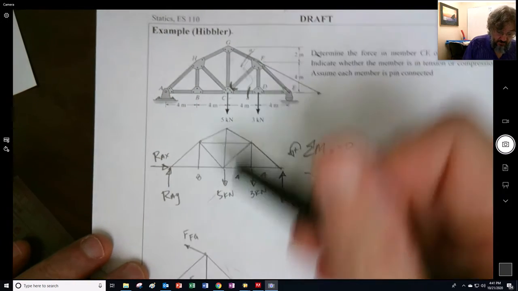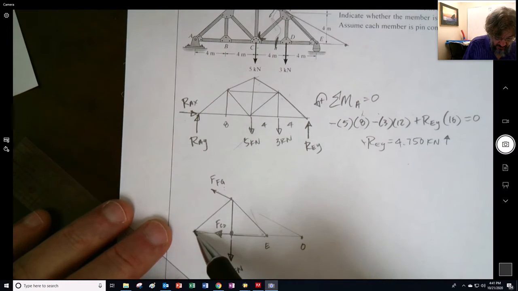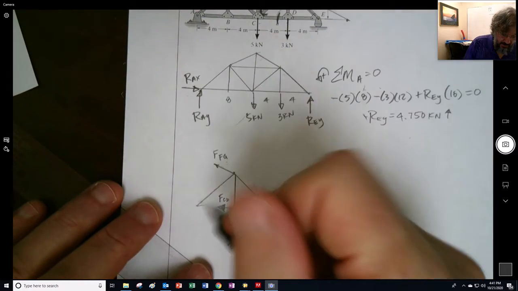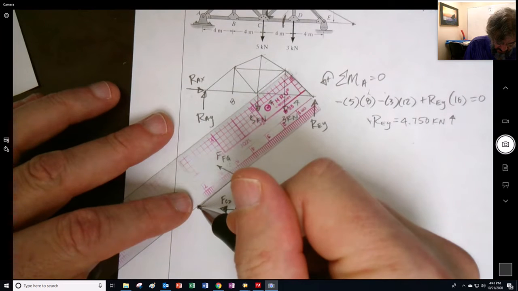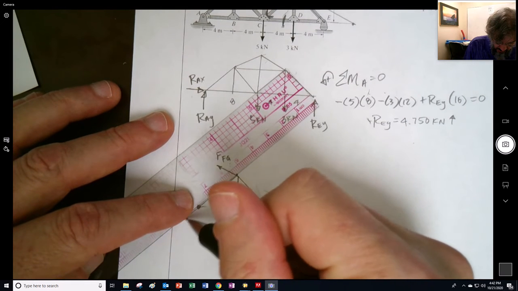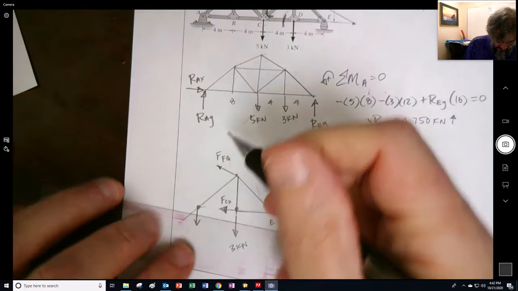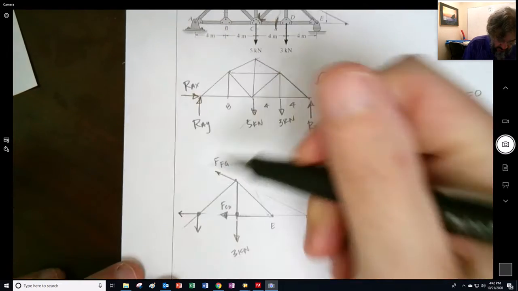So we've cut that one, so we've exposed this force right here. This force right in here, right? And so I'll even erase that a little bit right there. Let's assume it's in tension. So that would be continuing downwards right here. But so that's a downward component and a horizontal component right there, right?